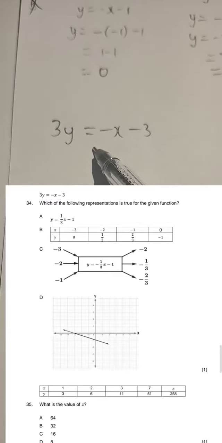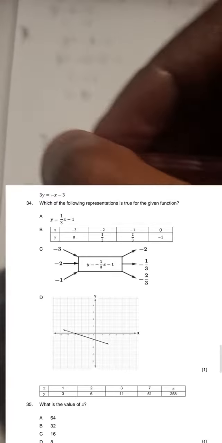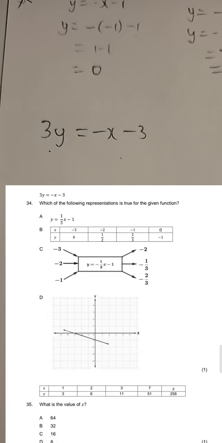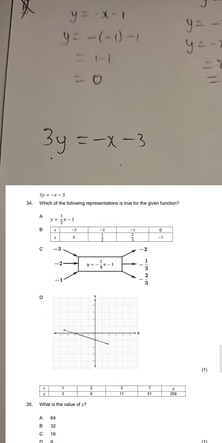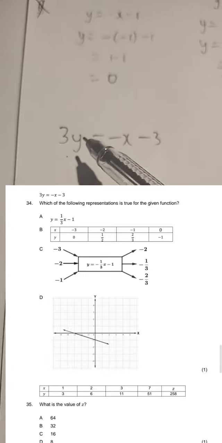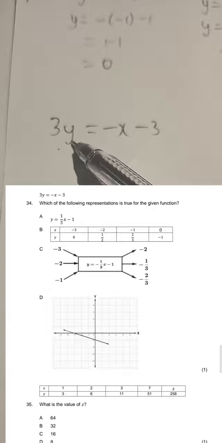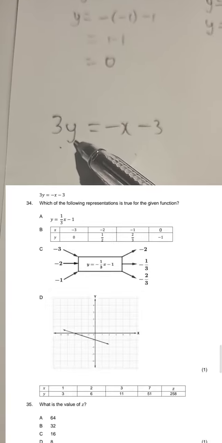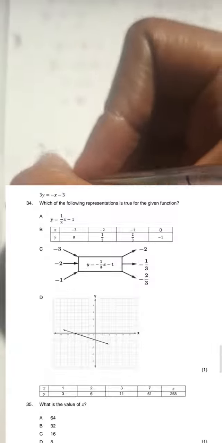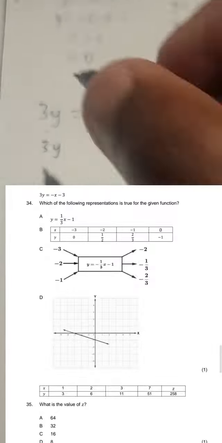To check if A is the one that works, let's take this equation that is given to us and write it in the standard linear form. What do we mean by the standard linear form? Let us isolate y and check if it will give us something similar to what we have in A. So we write 3y, then the coefficient of y is 3.